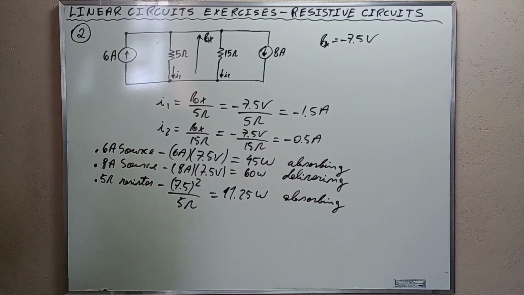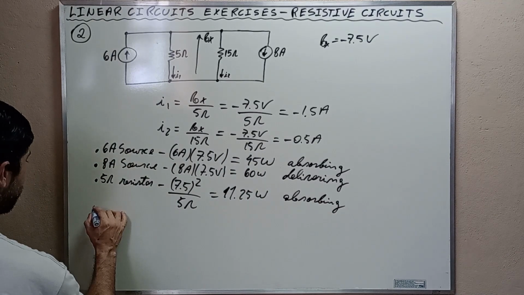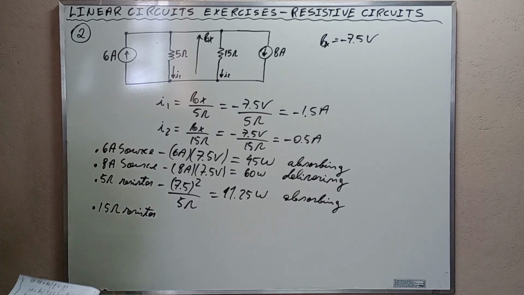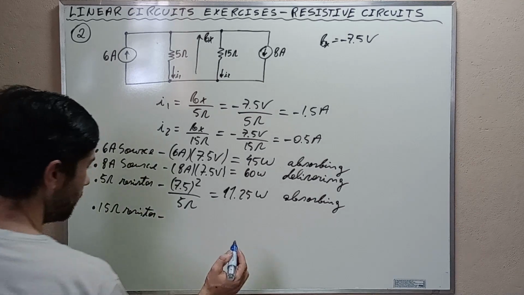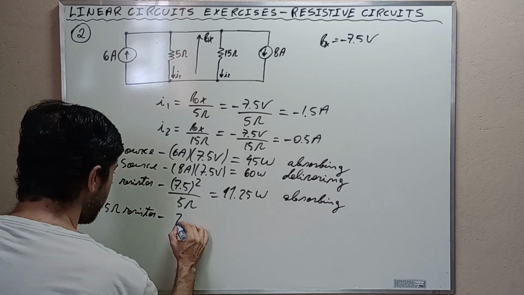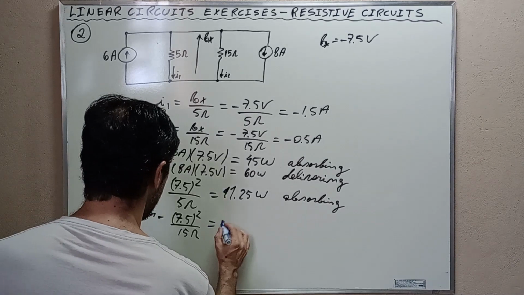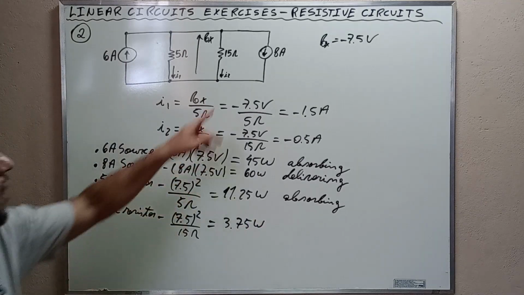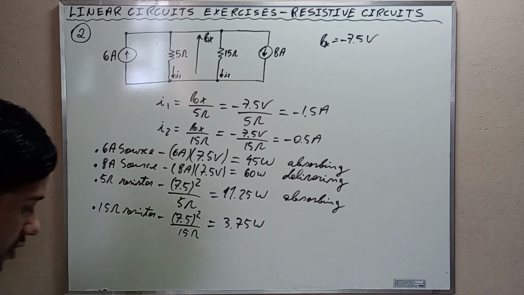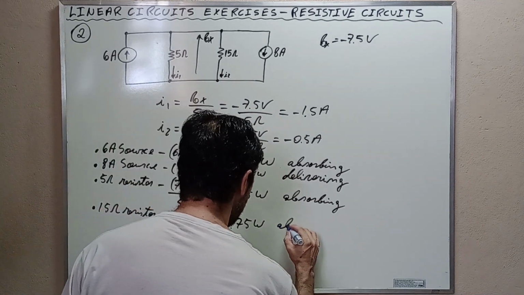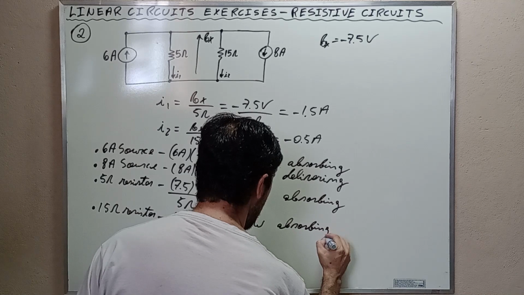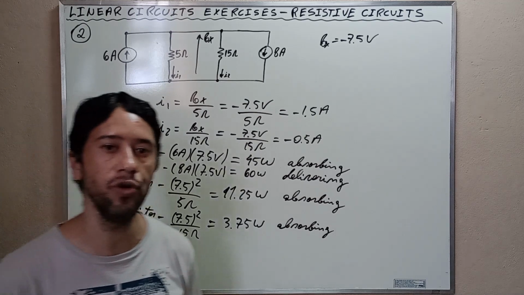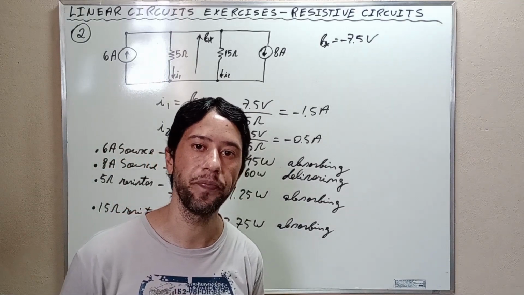And finally, for the 15 ohms resistor, again, the power is calculated in this way, and this is equal to 3.75 watts. And again, as a passive element, a resistor is obviously absorbing energy. Okay, my friends, and this is all for exercise number 2. Let's go to exercise number 3.